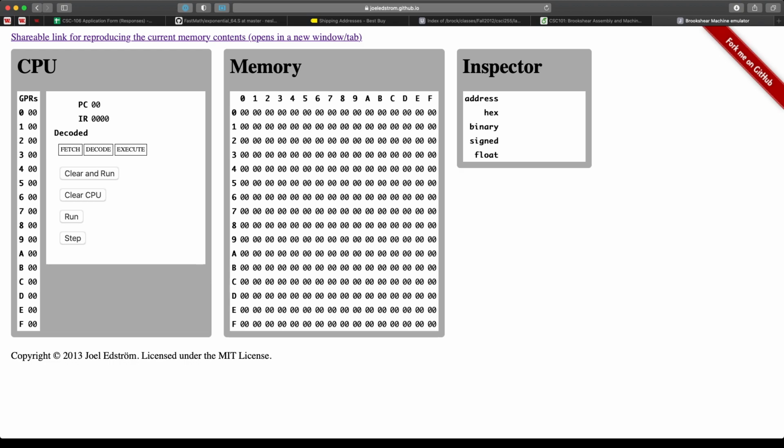Okay, so the way that this is going to work is, let me back up. There are two ways that we could theoretically set up a computer in terms of what we put in memory. What things need to go in memory? Well, instructions for what to do, and also data that you're going to do stuff with.